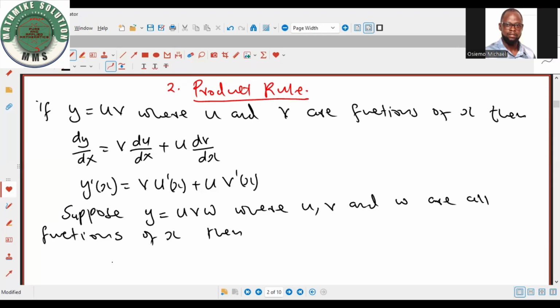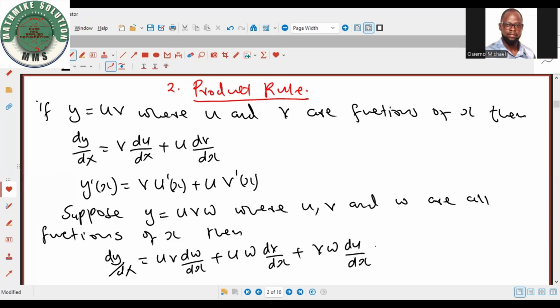then dy/dx will be equal to uv dw/dx plus uw dv/dx and plus vw du/dx.